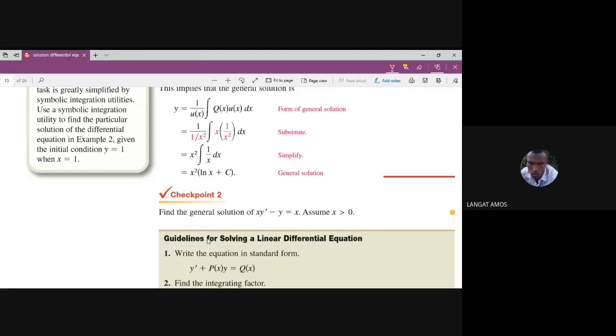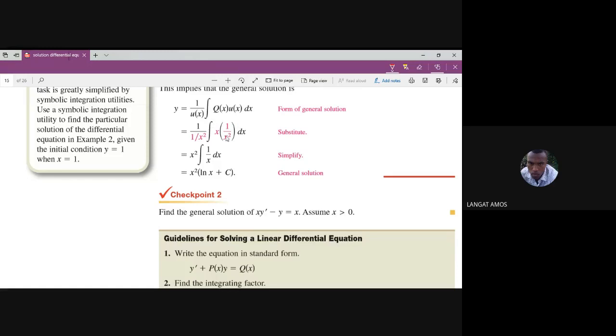And then after getting u(x), you say 1 all over u(x) to get the integrating factor. Then you substitute in the general solution, which is 1 all over u(x) times the integral of 1 all over u(x), Q(x), u(x) dx.